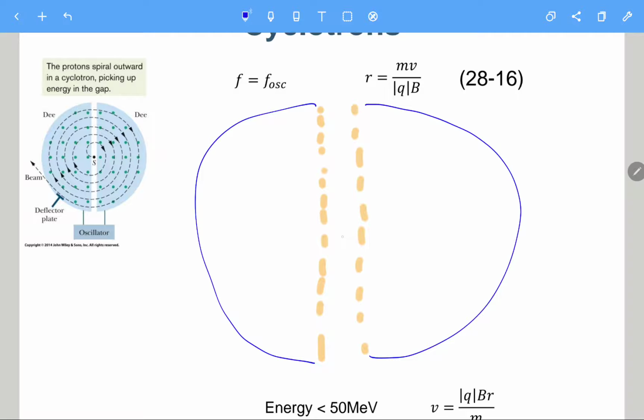At the very beginning, the source will generate a particle, and between this gap there will be an alternating E field, which means sometimes it will point to the left, sometimes it will point to the right.